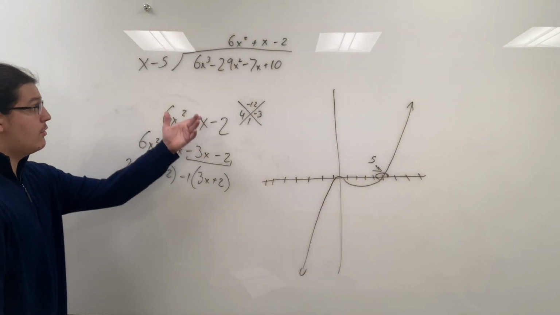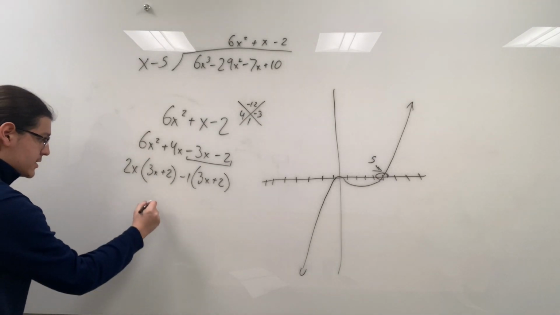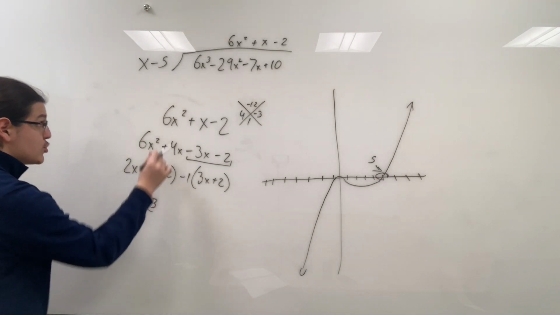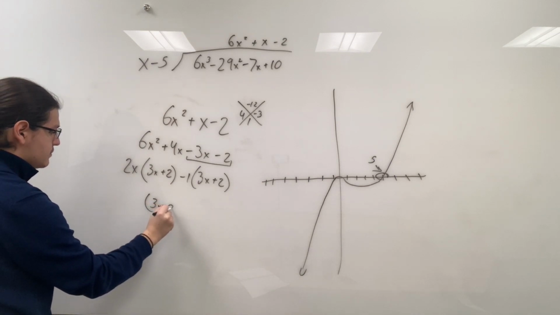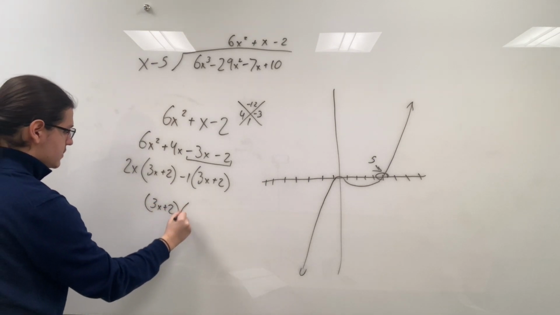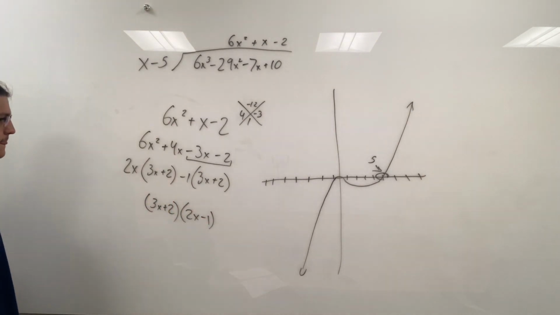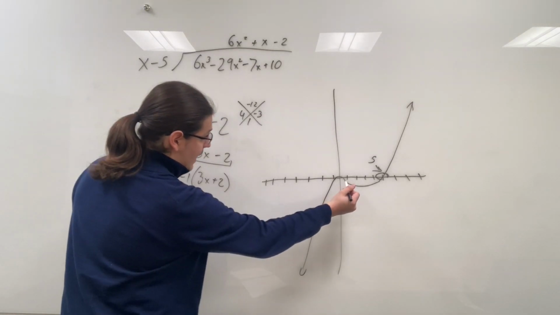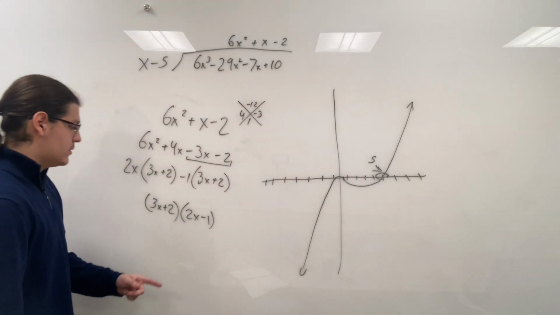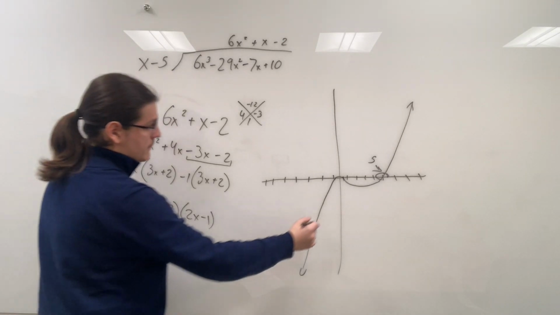Now we have solved our whole equation. Because here, from our quadratic function, we took out 3x plus 2 times 2x minus 1. So we can say with confidence that one of our other roots is at 1/2, and our other root is at minus 2 over 3.